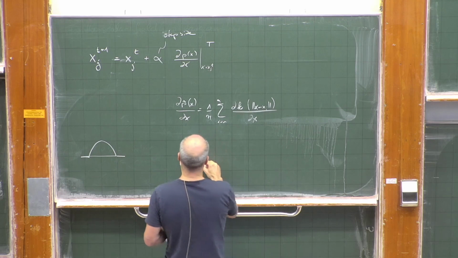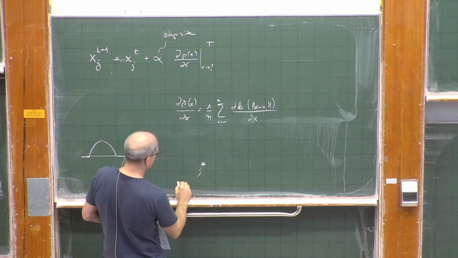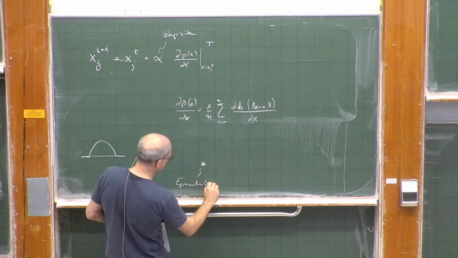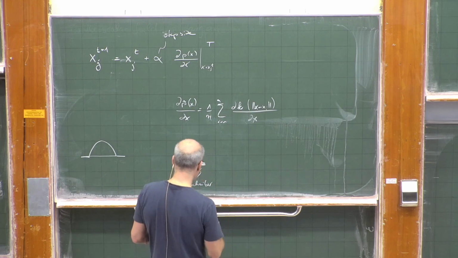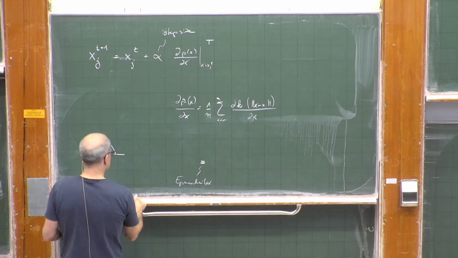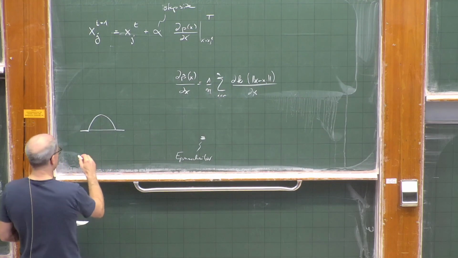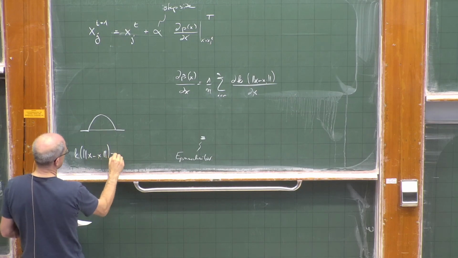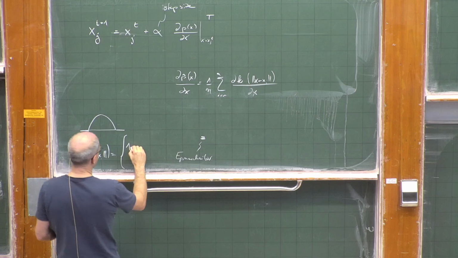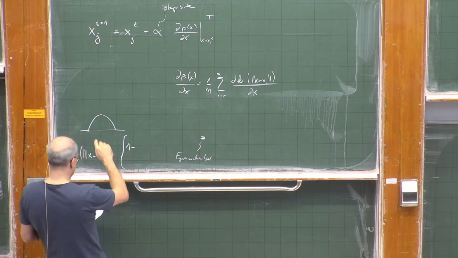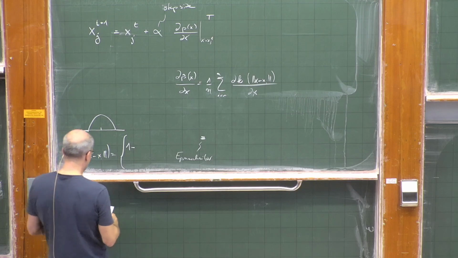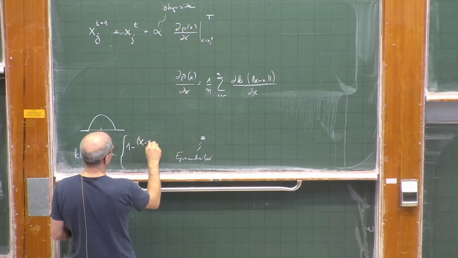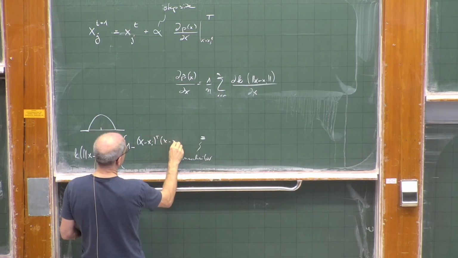And here for this example, the Epanechnikov kernel itself is 1 minus x minus xi squared, or I'm writing x minus xi transpose times x minus xi.